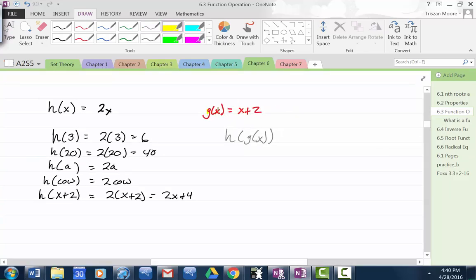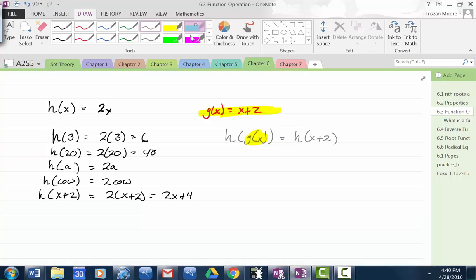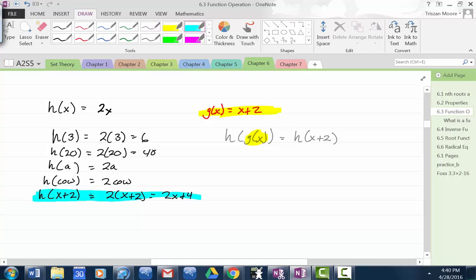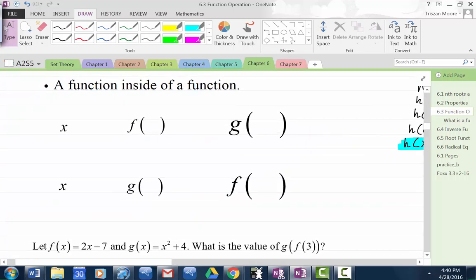You already know what g of x equals, so that means you can substitute it. In other words, you can make this h of x plus 2. And as seen down here, you already see what we get for h of x plus 2. I just wanted to show you that part so we can get into composite functions.